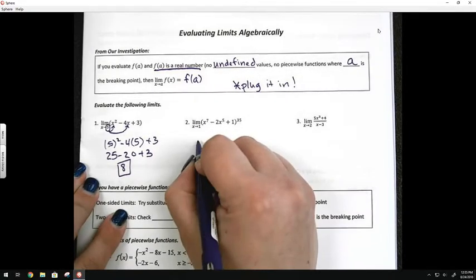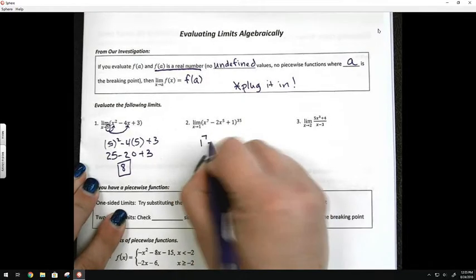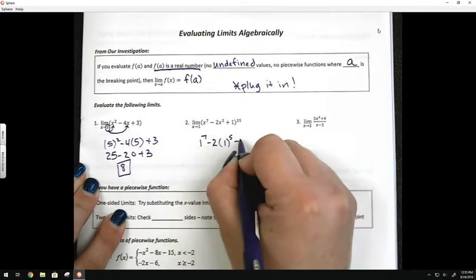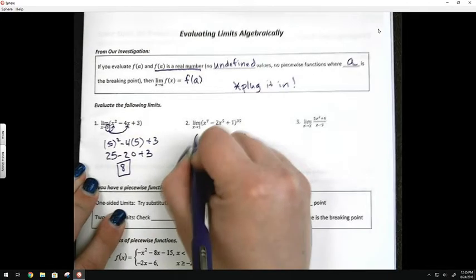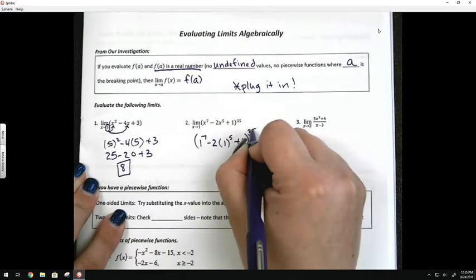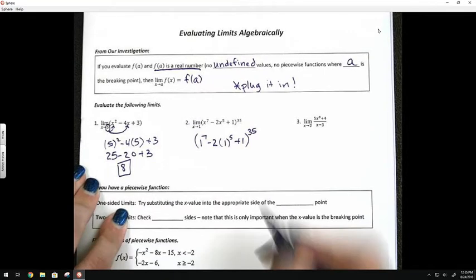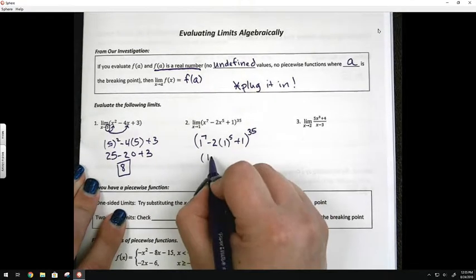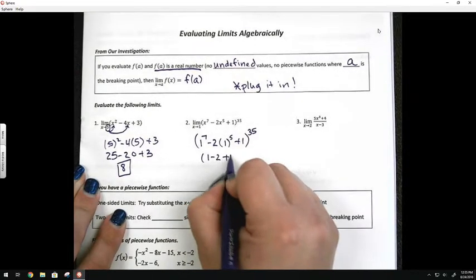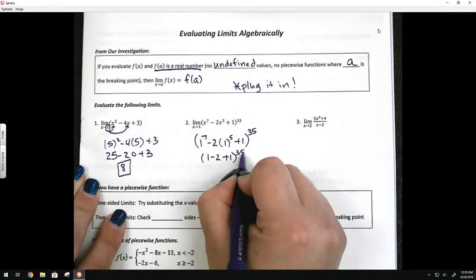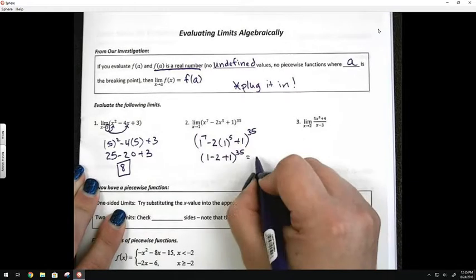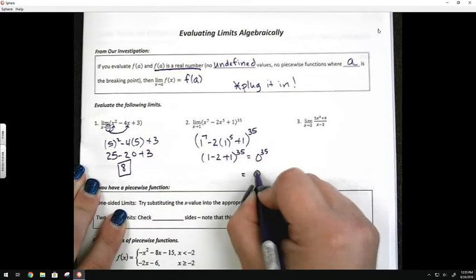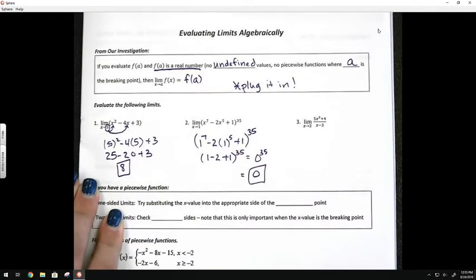So I'm going to have 1 to the 7th minus 2 times 1 to the 5th plus 1, and that's all raised to the 35th power, which really just means that on the inside I've got 1 minus 2 plus 1 raised to the 35th. And hopefully you guys agree with me. That just becomes 0 to the 35th power, which is really just 0.